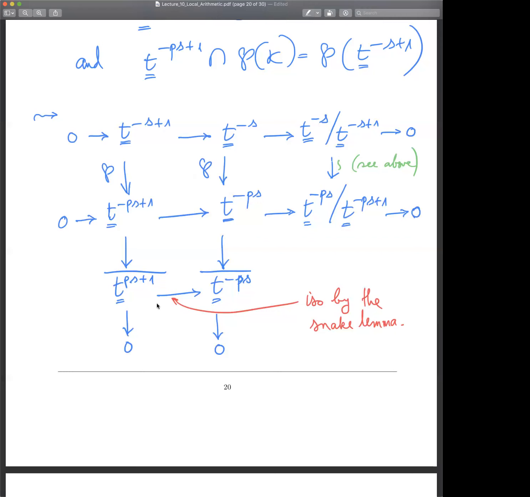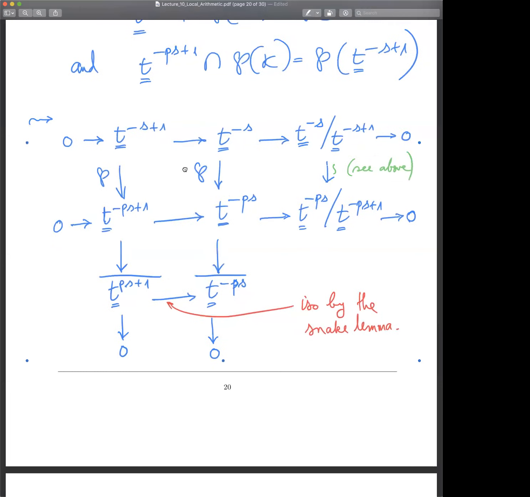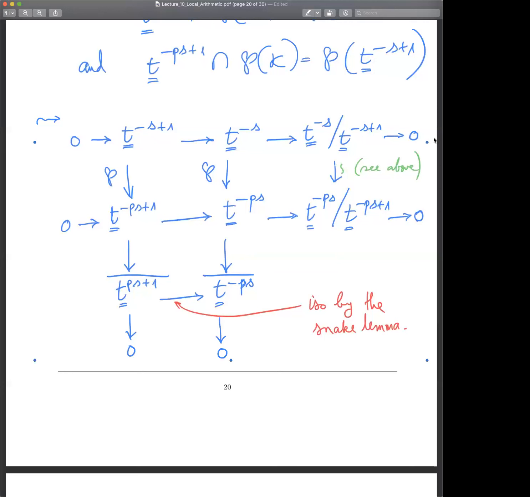Therefore, this map here is an isomorphism by the Snake Lemma, because the Snake Lemma says that if the kernel of this map, which is trivial, to the co-kernels is an exact sequence, right? I'll recall what the Snake Lemma is at the end of the talk.